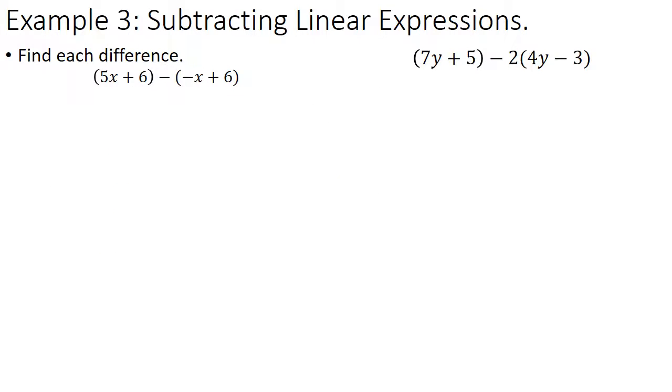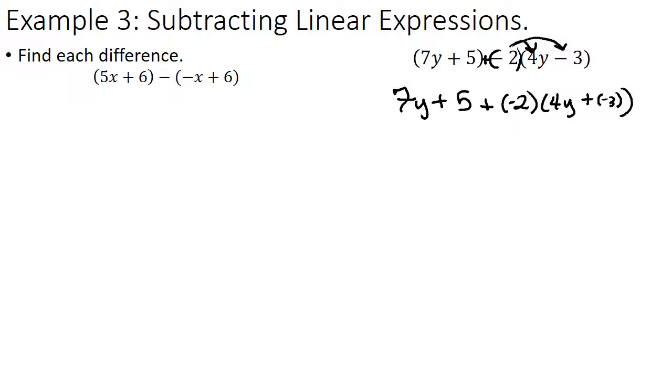Okay? So as we look at this, we're looking at our next problem here. We're seeing 7y plus 5. And then over here, I want to make this a plus, so I'm making this plus -2 times this quantity over here. So plus -2 times 4y plus -3.